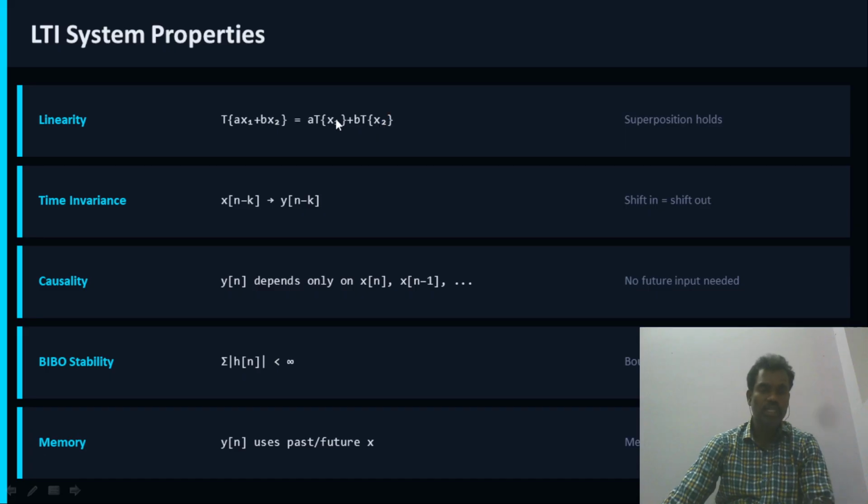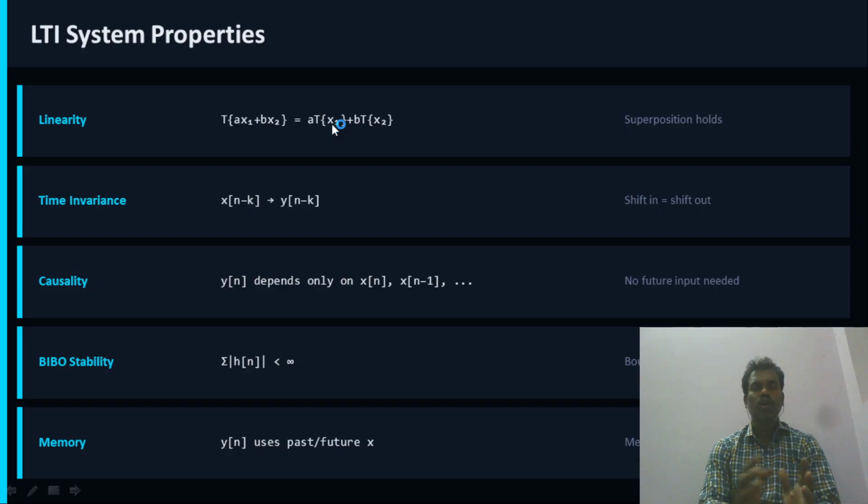What does homogeneity mean? Not only addition: if the input is multiplied by a constant, then the response should also be multiplied by that constant. So T of a x1 is equal to a times T of x1.